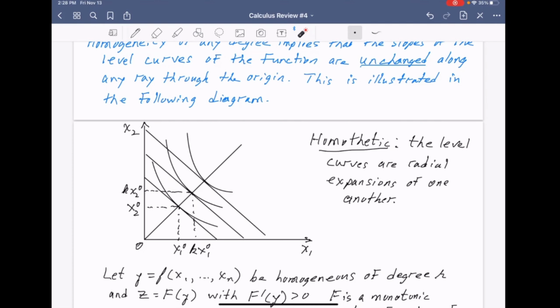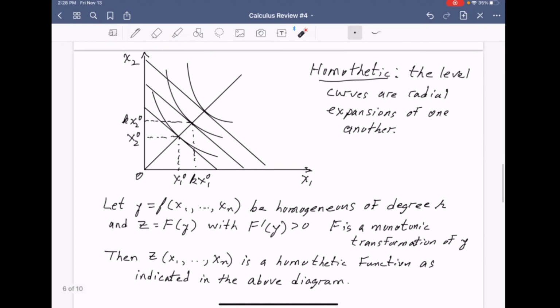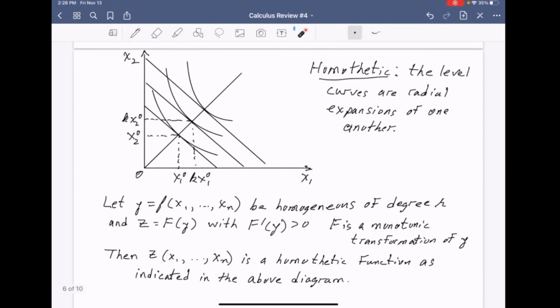So we refer to these curves as being, the level curves are radial expansions of one another, and that's the characteristic that the function is homothetic. So let y equals f of x1 to xn be homogeneous of degree r, and let z be a function, capital F, that acts on y.